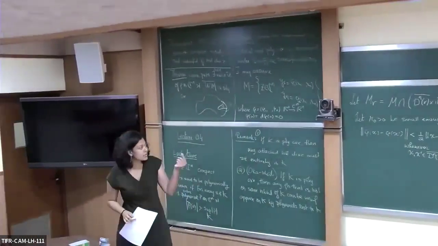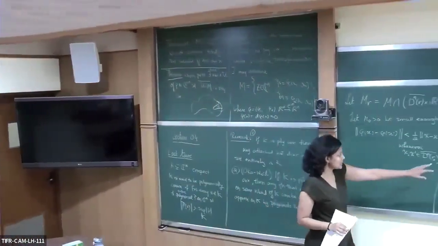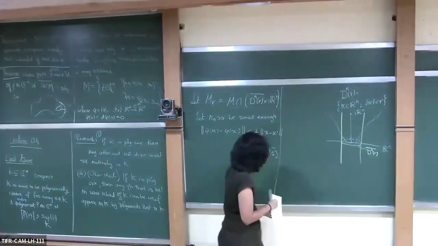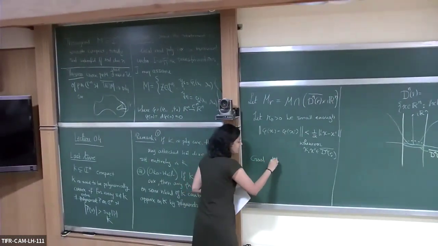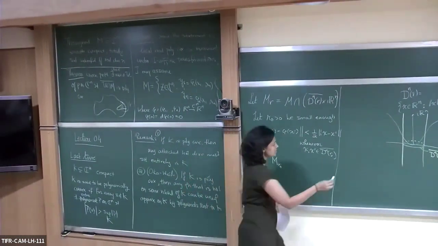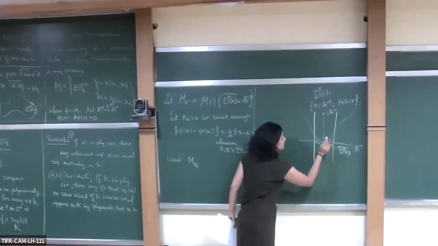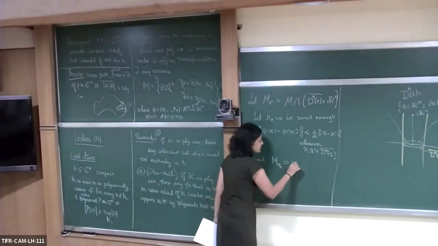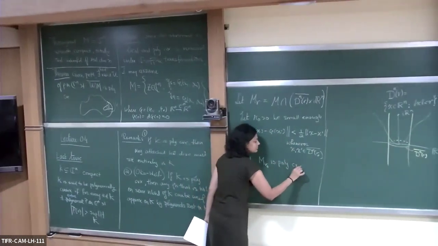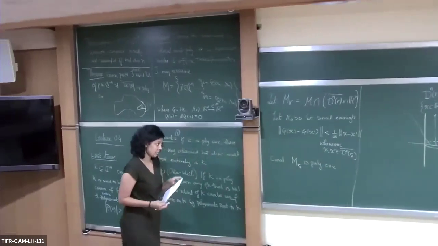That is the condition that I will use to establish my goal. My goal is to show that M_R0, potentially a smaller piece, the region of M above that, is polynomially convex.